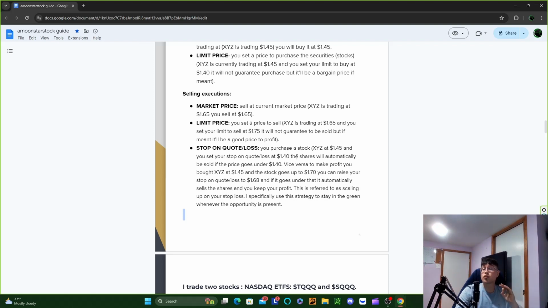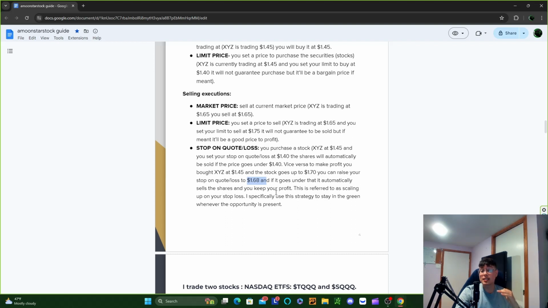And vice versa. The stock is currently at $1.40 and it shoots up to $1.70. So now we have a 30-cent margin, a gap of 30 cents. You could put your stop loss anywhere under this $1.70. And as soon as it drops to $1.68, you will lock in that profit.